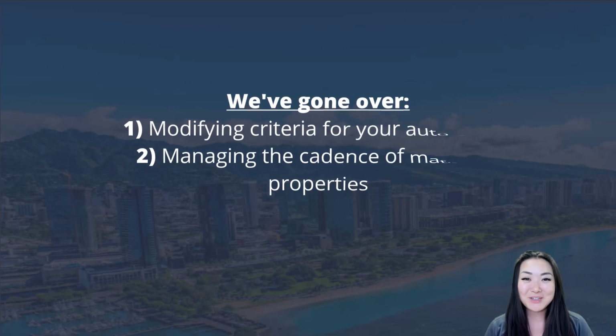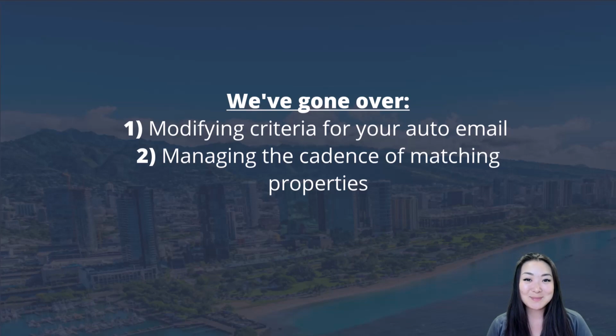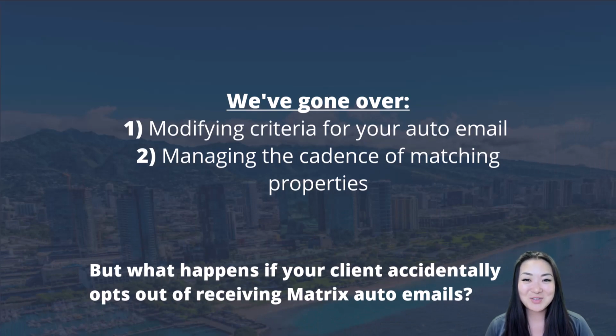In this video, I've taught you how to modify the criteria for your auto email, as well as manage the settings of the cadence in which those emails get sent to your client. The last thing I want to show you is what to do if your client accidentally opts out of receiving auto emails from you.